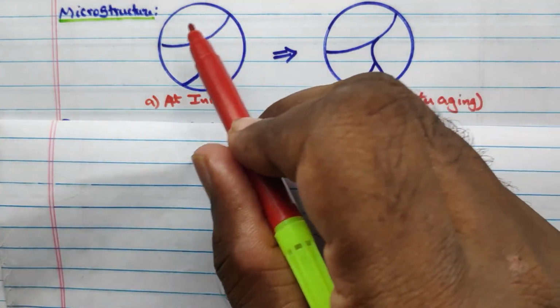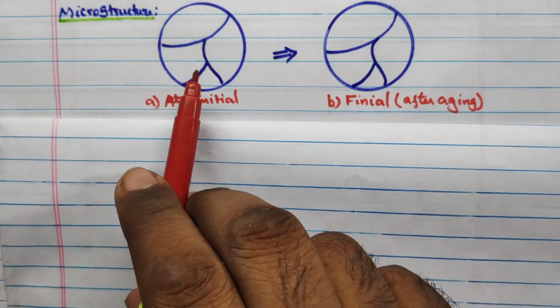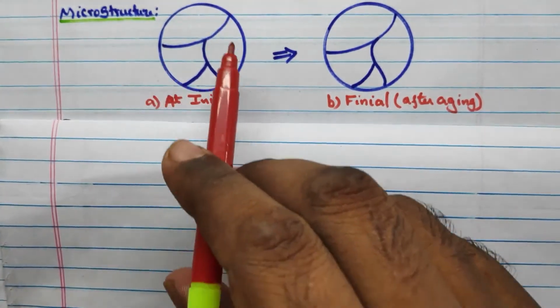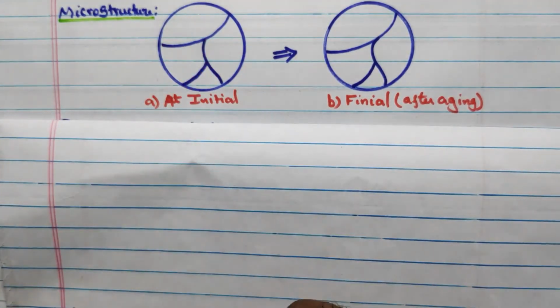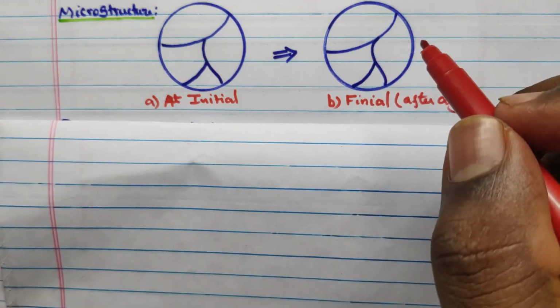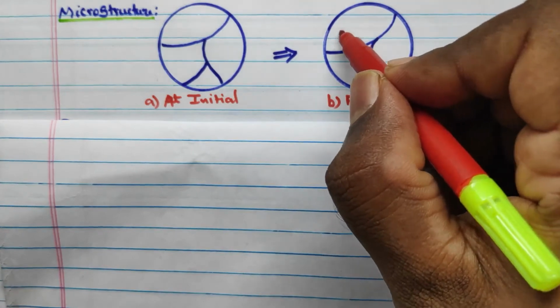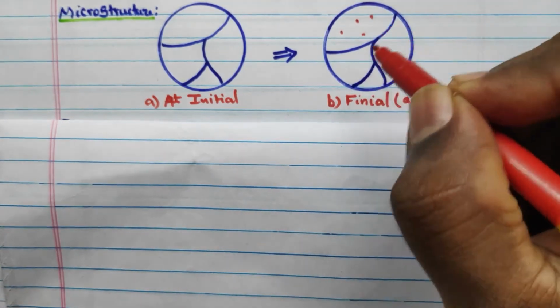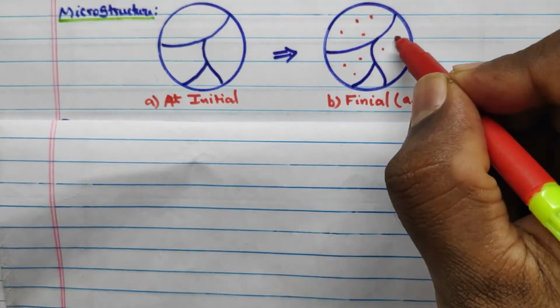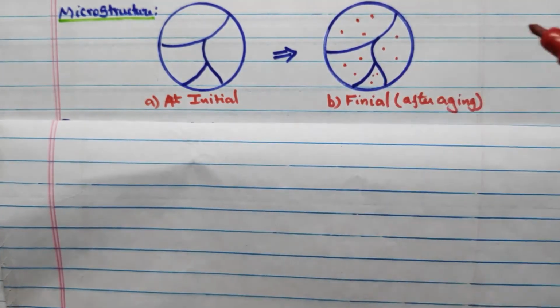In the beginning, the phase distribution will be like this, and when we complete the aging process, there will be formation of precipitate on the phases.